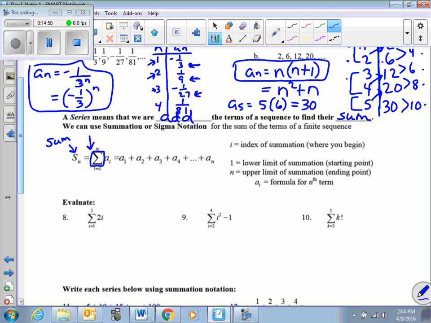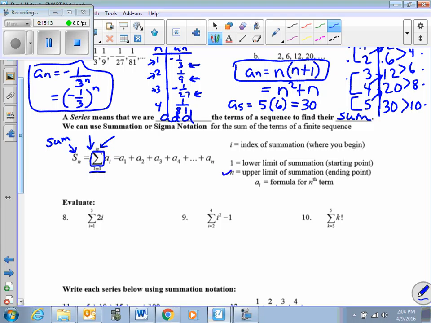And look here what all of our little subscripts mean. This little i equals 1, that means I'm starting with the first term. That's where I'm going to begin. It doesn't always have to be 1. You can start with the second term or any term, but in this case, we're going to start with the first term, and n tells me how many terms of the sequence I'm going to add.